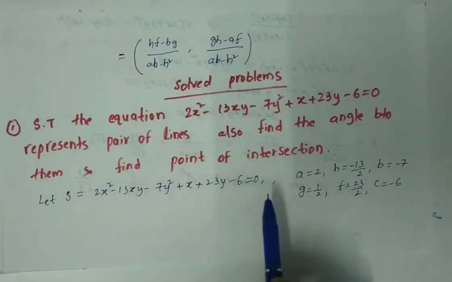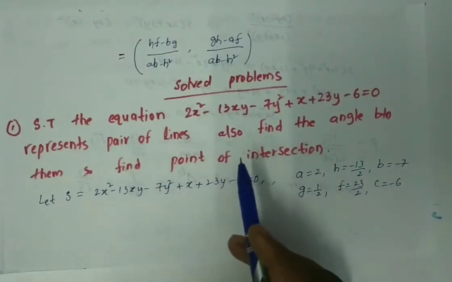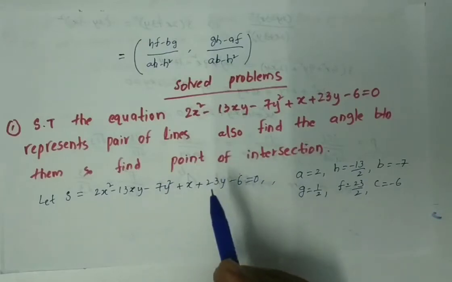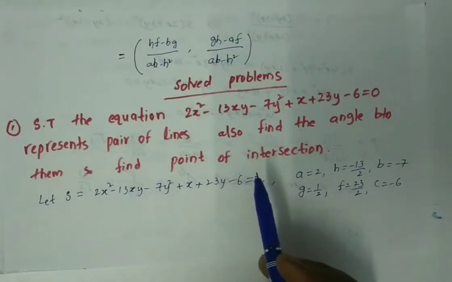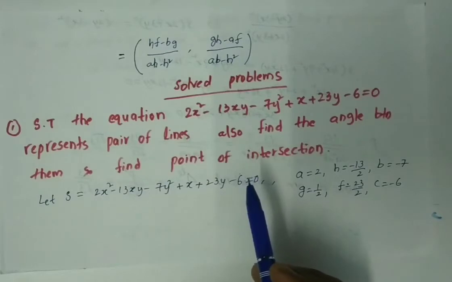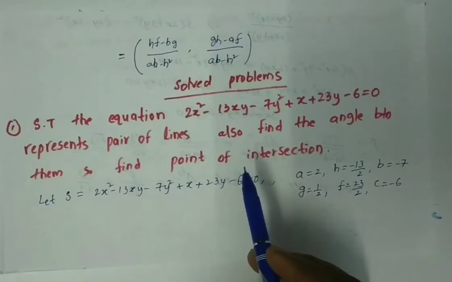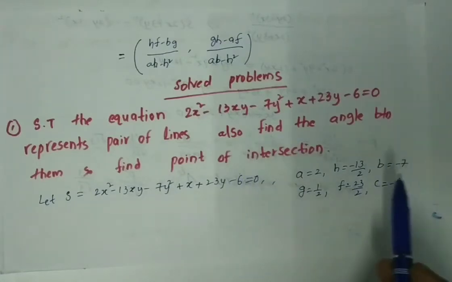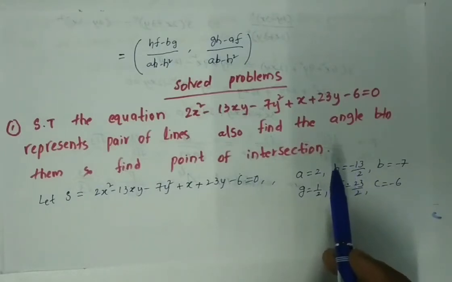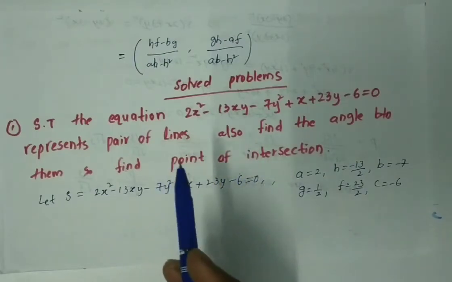To show this, we just have to show that the condition abc plus 2fgh minus af square minus bg square minus ch square is equal to 0, and also check the conditions that h square must be greater than or equal to ab, f square must be greater than or equal to bc, and g square must be greater than or equal to ac. If at least one condition is not satisfied, then we can say that the given equation, that is s is equal to 0, cannot represent a pair of straight lines.